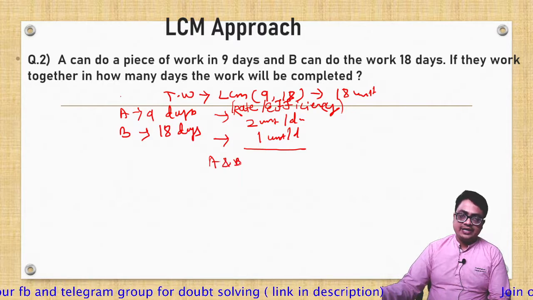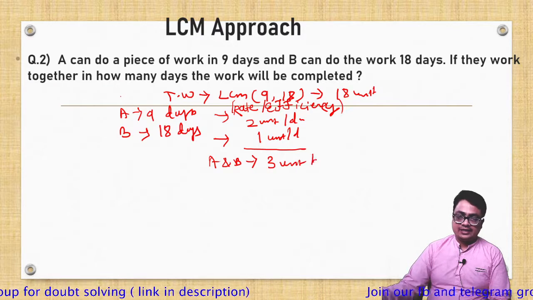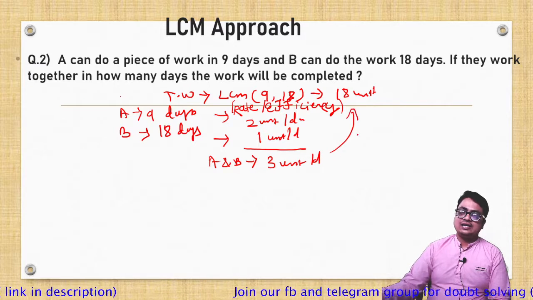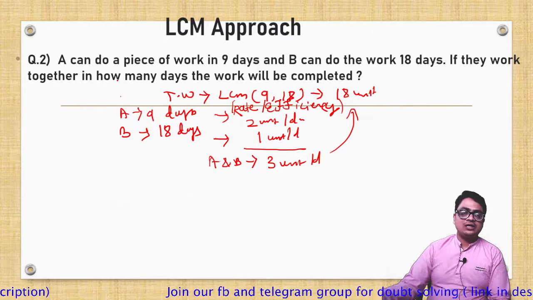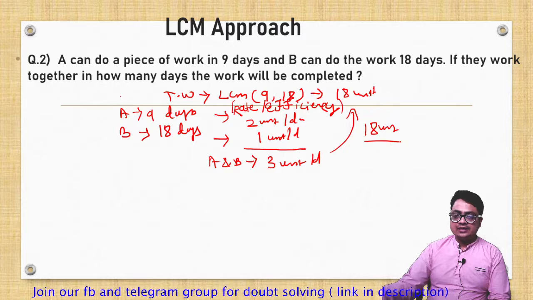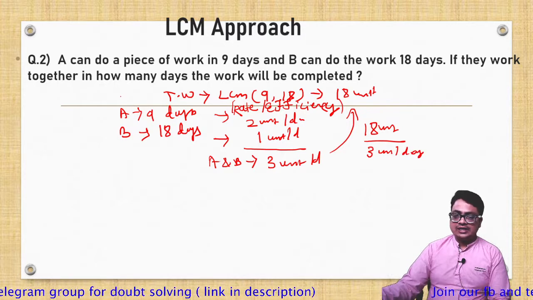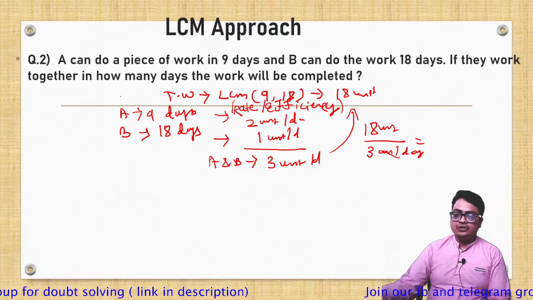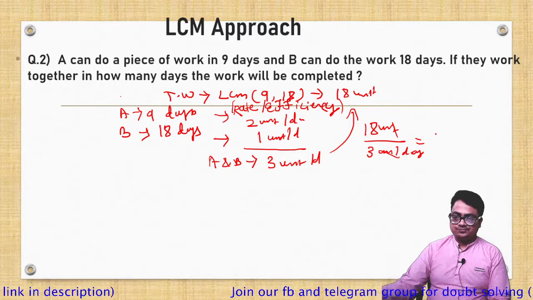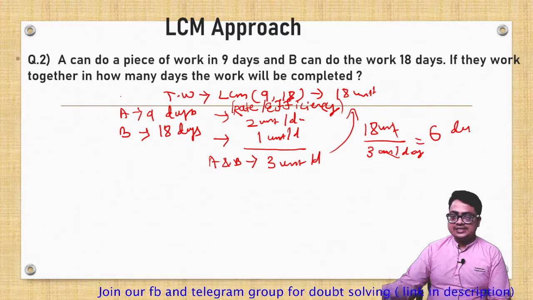This will be 2 units plus 1 unit, which is 3 units per day. So they are doing 3 units per day, and the total work is 18 units. To complete the work together, they will be taking how much? 18 units divided by 3 units per day. So this unit cancels, the per day goes to the numerator. This will be 6 days.